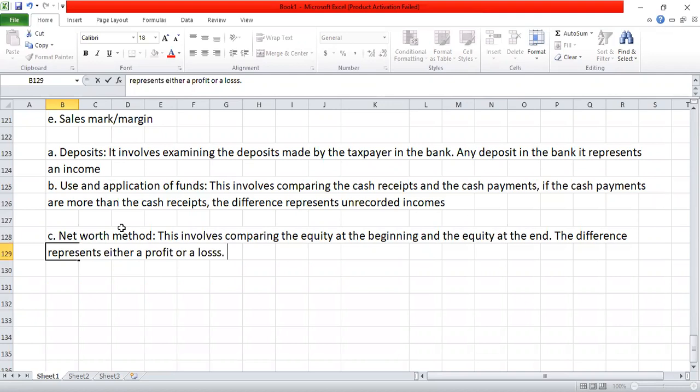So if at the beginning your total equity was 2 million, and at the end you have a total equity of 20 million, then the difference represents the income generated for the year. So we can look at a simple example.